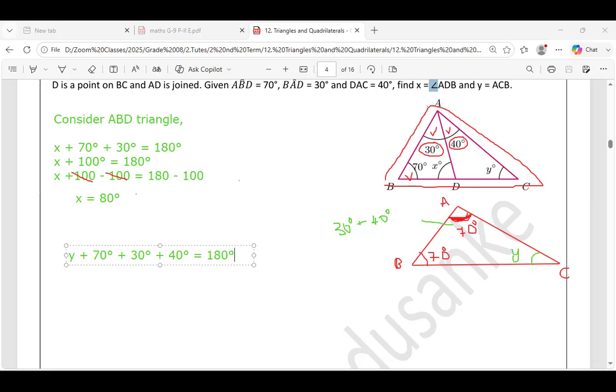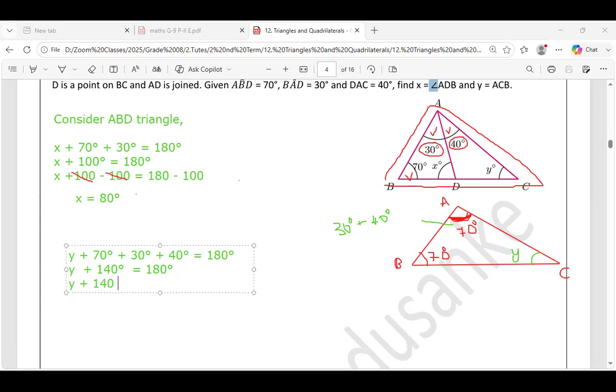degrees. So you know what to do now. Simple equation. Y plus 70 plus 30 is 100, 100 plus 40 is 140, and then equal mark, then 180 degrees. So then you know what to do.